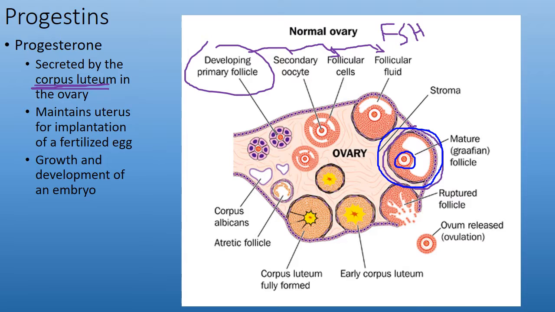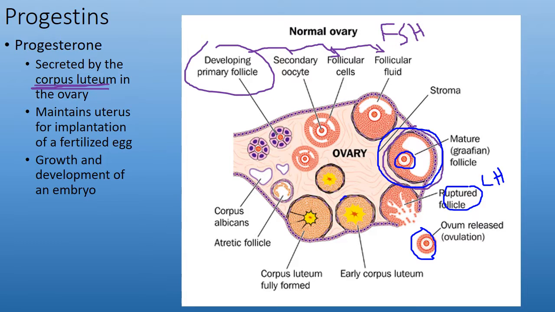Well, this follicle will rupture, and again, this rupturing is caused by the secretion or surge of LH, or luteinizing hormone. Again, LH will cause the follicle to rupture. That follicle will release the egg. That egg will then travel into the fallopian tubes where hopefully fertilization will occur.